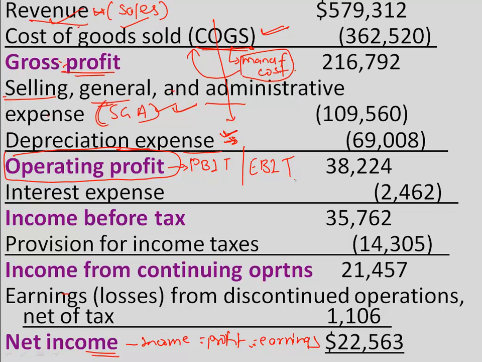So now let's understand why this number is very important. Let's take two companies, let's say in IT. The first company we will call A and the next company we will call B. Now the total capital that has been invested into both the businesses, both business A and business B, is 1000.